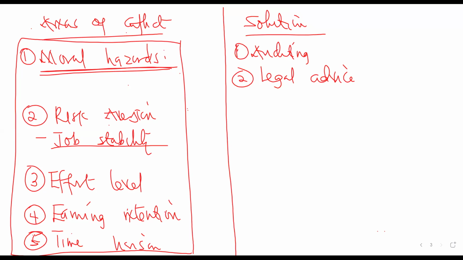Seeking legal advice, some of the conflicts cannot be resolved between the managers and the shareholders. So there are times that legal people, like lawyers, have to be brought in to settle issues between them and also to advise them on the right path to take.